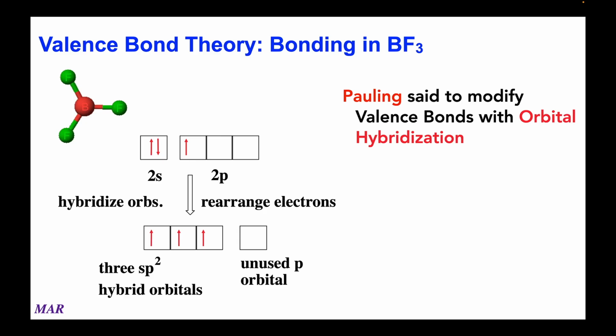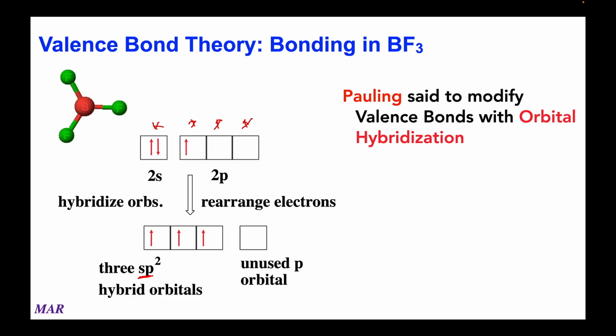So Linus Pauling said that in order to make this work, you have to have what he called orbital hybridization. You can think about hybridization as being like a mixing of orbitals. If you look on the left-hand side, the above orbitals represent the atomic orbitals, the 2s2, 2p1. And in the bottom, what he tries to show is that 3 of the 4 atomic orbitals hybridize, or mix together, and become what he called sp2 orbitals.